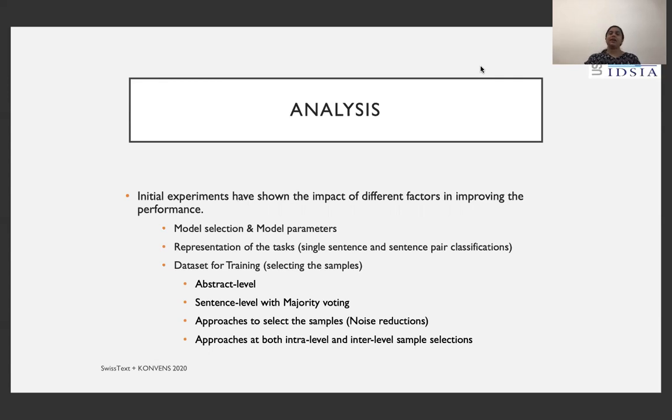And then finally, for deciding the final relationship between the entity pair, we can go for a majority voting scheme. Then there are different approaches to select the samples, which is currently our focus, which is somehow related to distant supervision methods where we reduce or remove the noisy samples. Our aim is to select those sentences which could provide some meaningful relationship and which in turn help in better learning for the models and thus improve the performance.